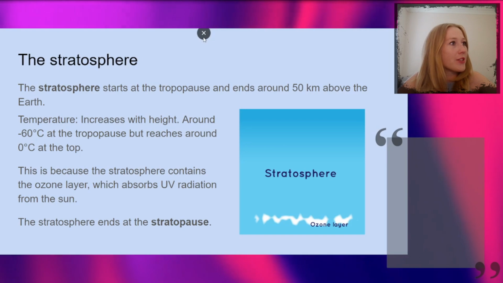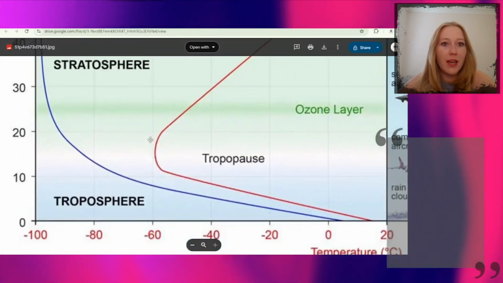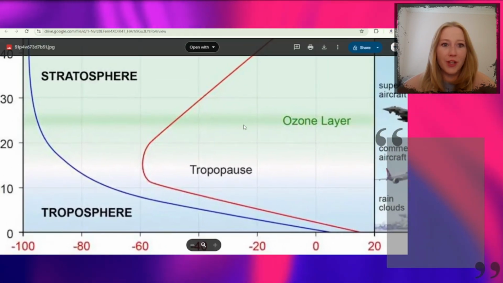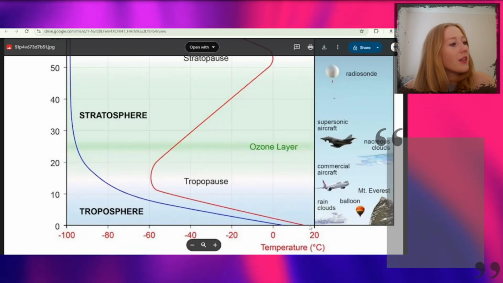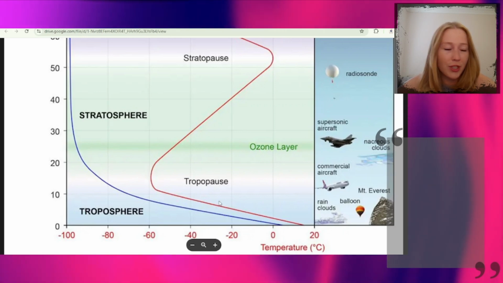Now let's just go quickly to this diagram and I can finally explain to you how we actually figure out where the different layers end and begin. This red line over here is supposed to show us the temperature.